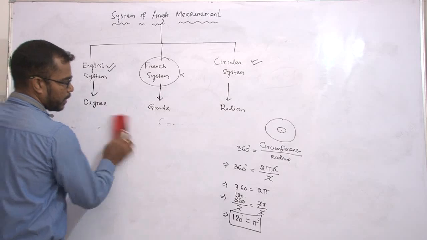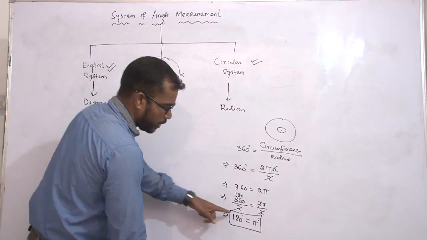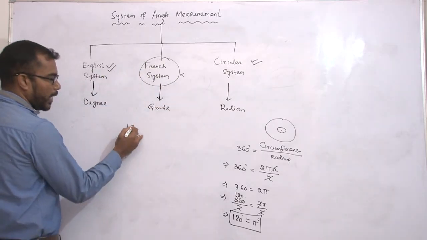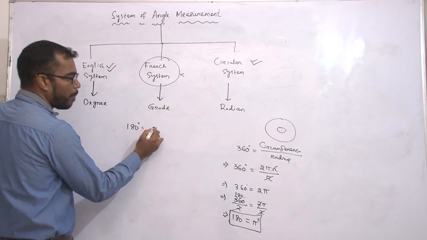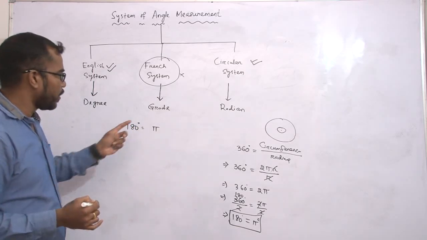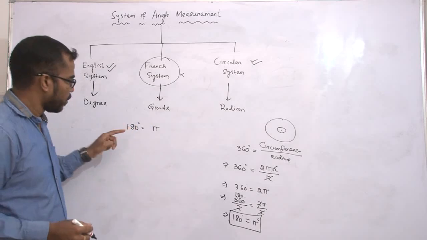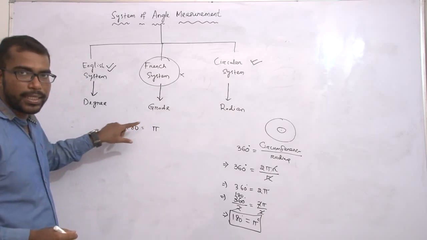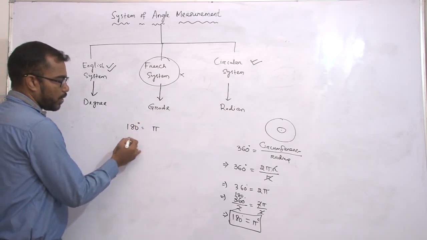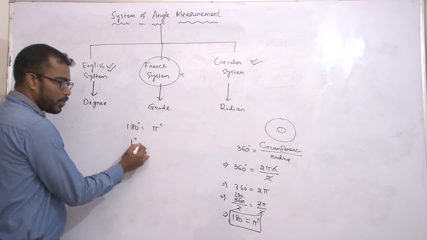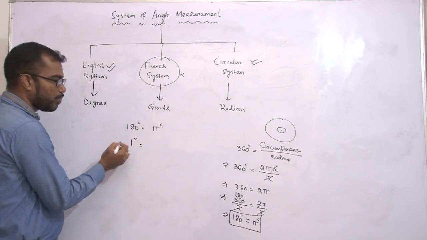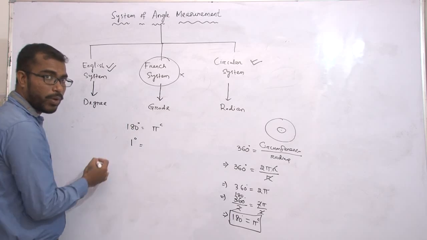Now, here is the formula that 180 degrees is equal to pi radians. Pi radians is denoted as pi to the c or pi. So how to find 1 degree? We divide both sides by 180.